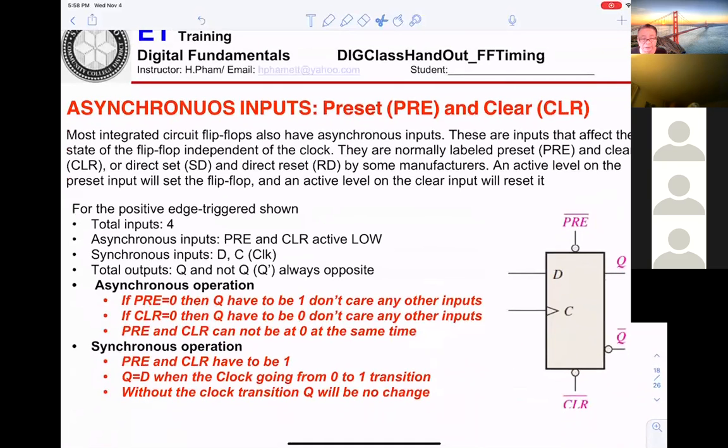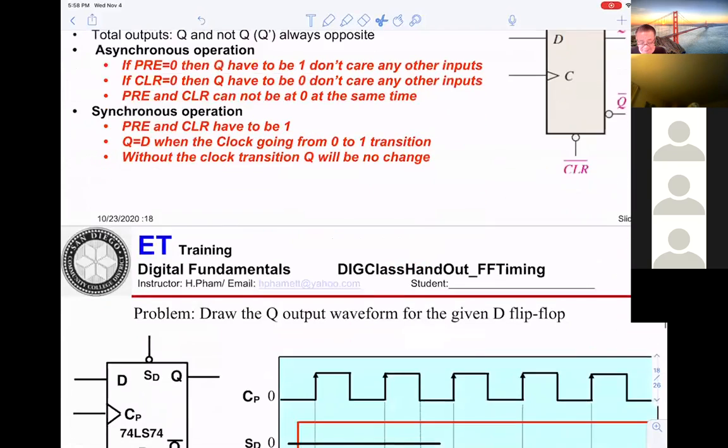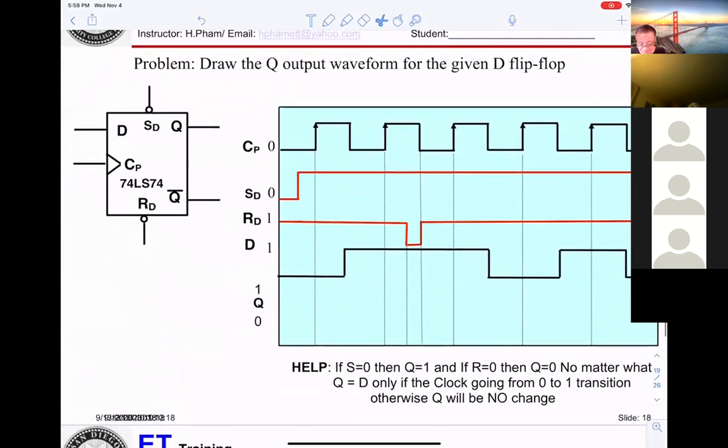Okay, that was already talking about asynchronous. Do we finish this problem here? If not, then try again.